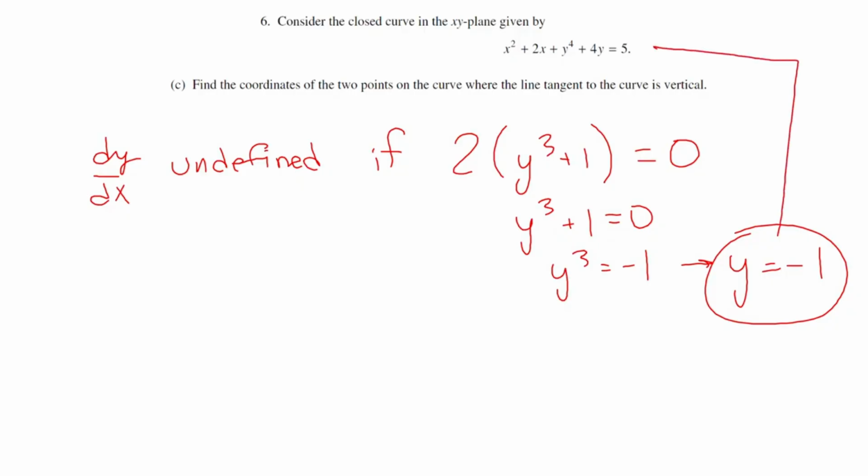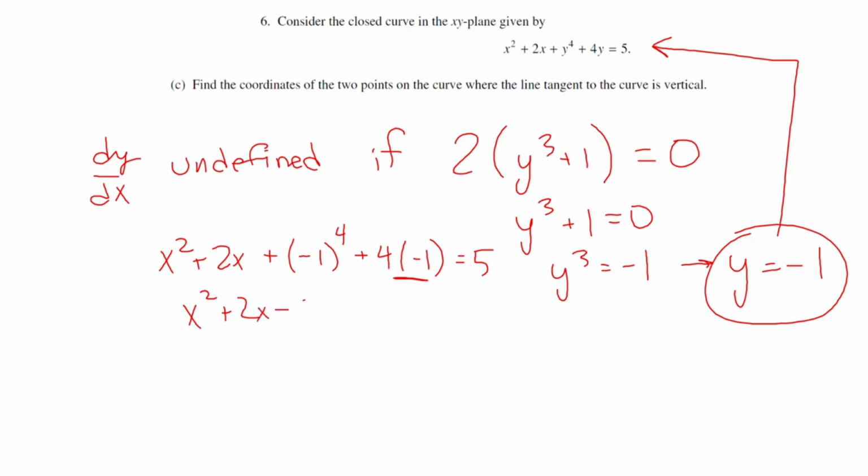We'll just plug -1 up here, and you get x squared plus 2x plus (-1) to the 4th plus 4 times -1 equals 5. And we just need to solve this equation. So we have x squared plus 2x. (-1) to the 4th is 1. And then that's going to be -4. So we have +1 minus 4, which is going to be -3 equals 5.